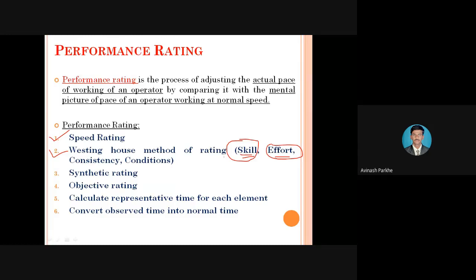So the first operator repairs the machine immediately and starts the work. But the second operator does not repair the machine; he waits for the supervisor or for information from another person, and once the machine is repaired, then he starts. The second person is not taking the efforts as per the requirements. So in that case also, we have to give the rating to those workers who work effectively, or who implement their efforts in order to continue their work.